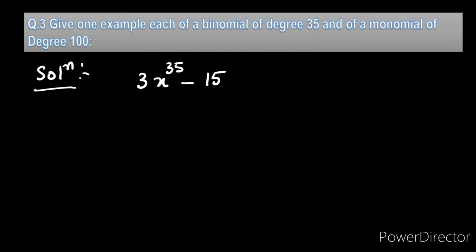Write the degree of each of the following polynomials. This is again a very simple question. The first one says 5x cube plus 4x square plus 7x, and we want to write down the degree of the polynomial.